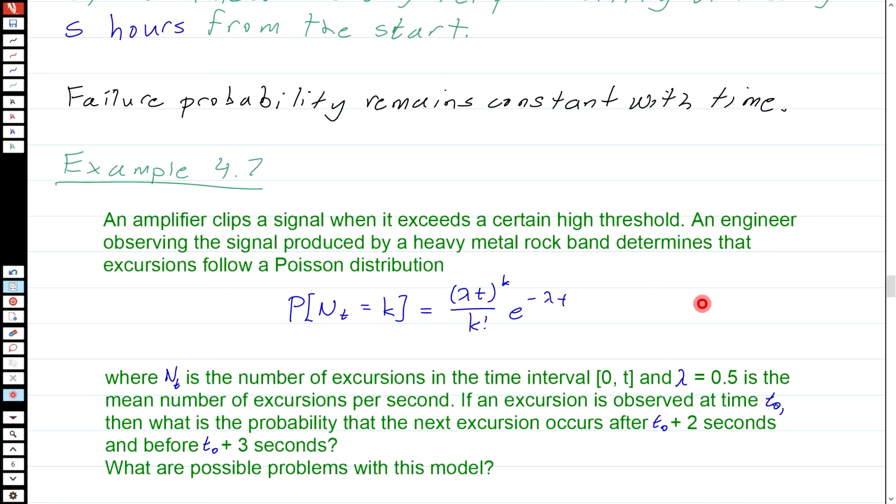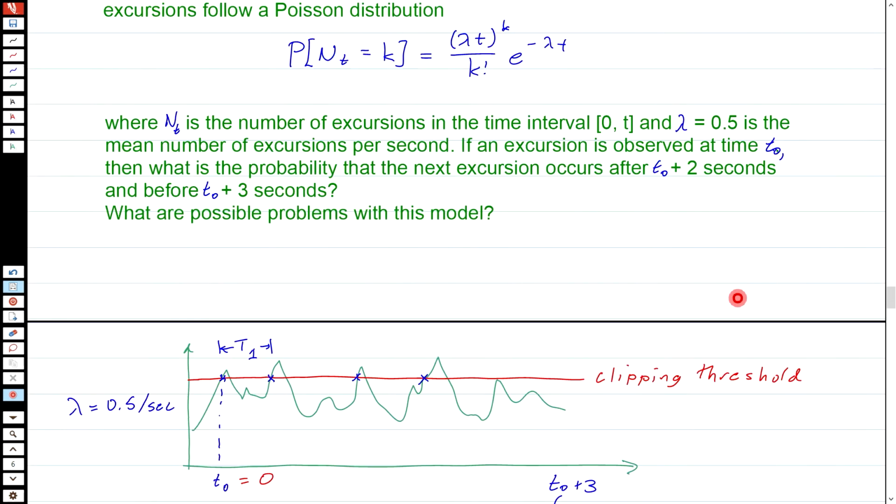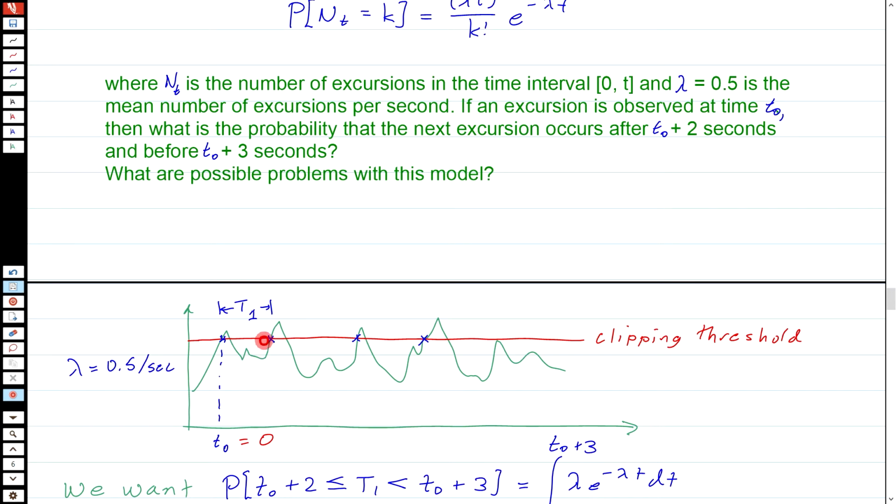This is perhaps not a very realistic research endeavor, but presumably this engineer has decided to model the excursion process of a heavy metal rock band as a Poisson distribution. So we've got a picture that looks something like this. Here's your volume as a function of time from the heavy metal rock band, and every now and then it goes above this clipping threshold. So that sounds horrible.